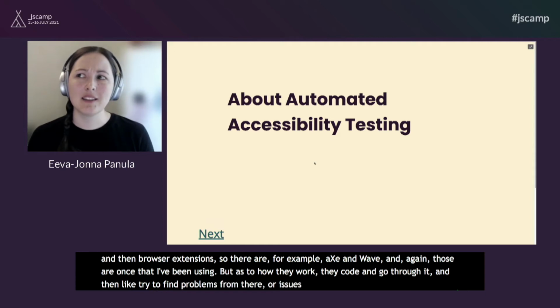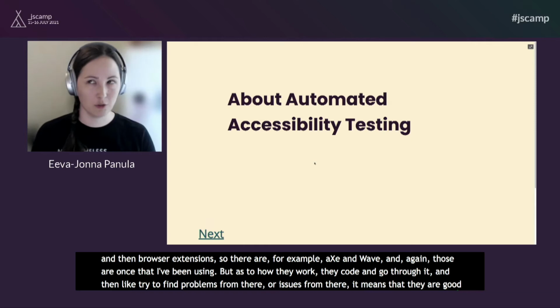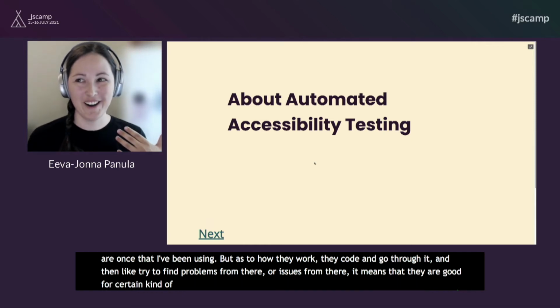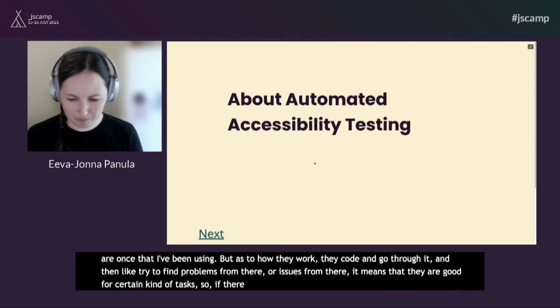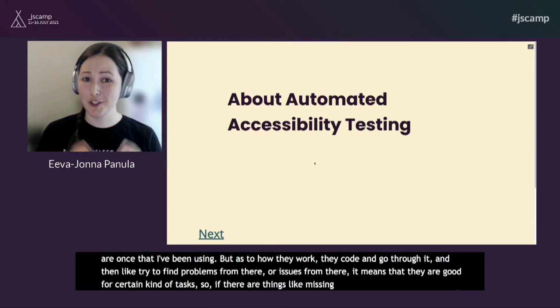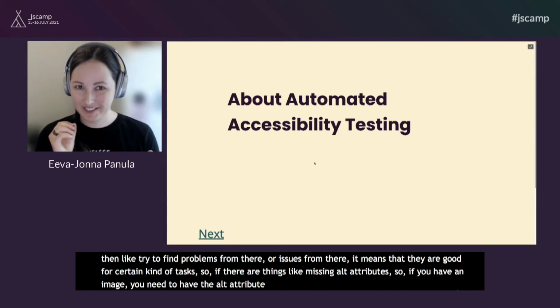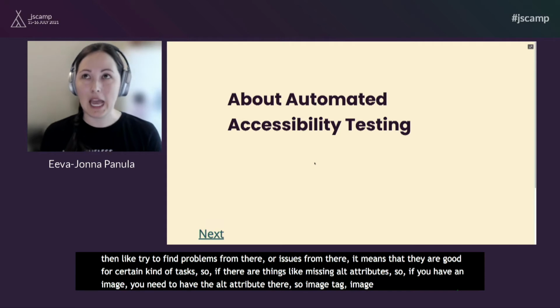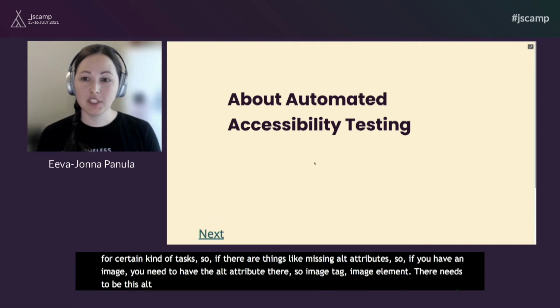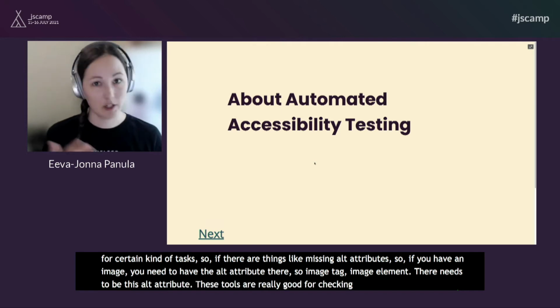It means that they are good for certain kinds of tasks. So if there are things like missing alt attributes, so if you have an image element, there needs to be this alt attribute. And these tools are really good for checking if the attribute is present or not.